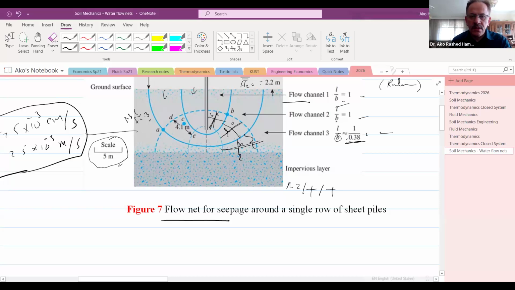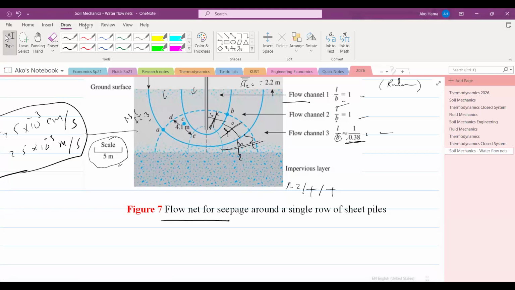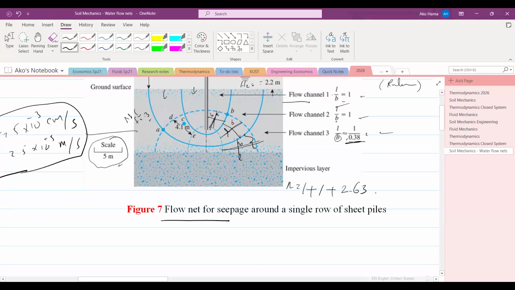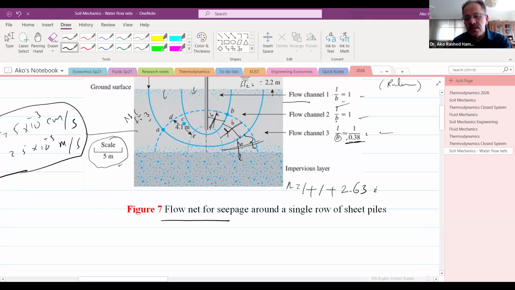Anybody answer? 2.66. 2.67, pardon. So that means we have n equal to about 4 point something, right?